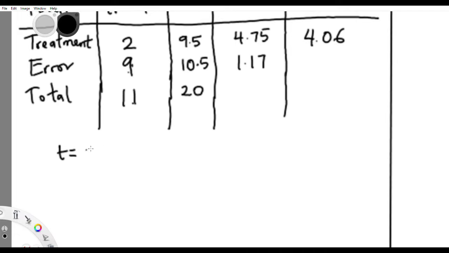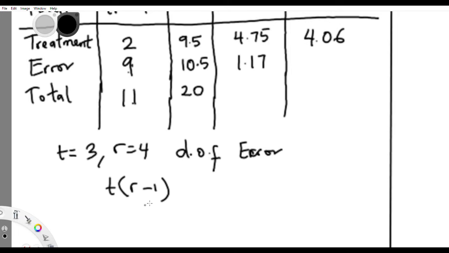If the treatment is 3 and the replication is 4, what is the degree of freedom for error? That's how you see questions in your exam. Remember, degree of freedom for error is what? Treatment into bracket replications minus 1. So you just simply do 3 into bracket 4 minus 1, and that's 3 times 3, 9.